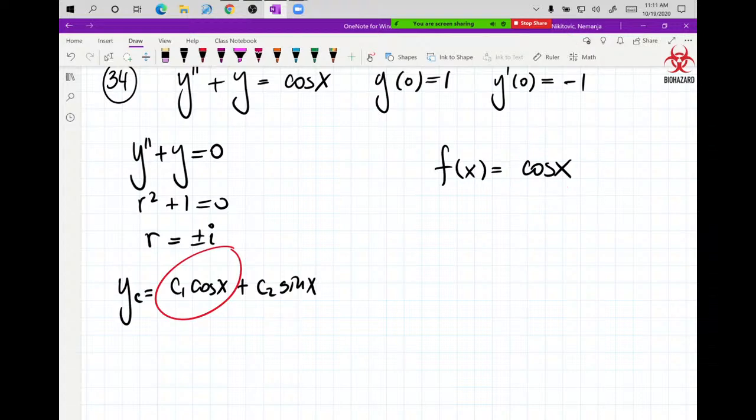So we have to choose for our yp x cosine x. We can't choose cosine x because cosine x would be repetition. Same thing like with e: when you have e to the 2x and e to the 2x, you pick up x e to the 2x in the repetition.